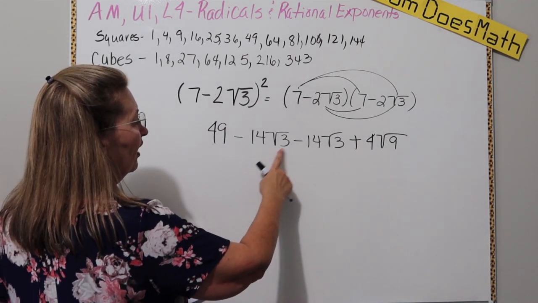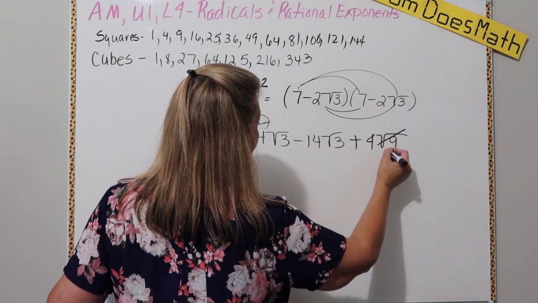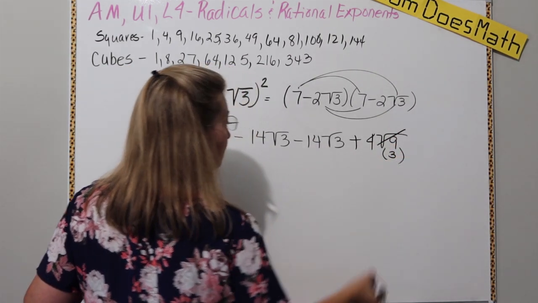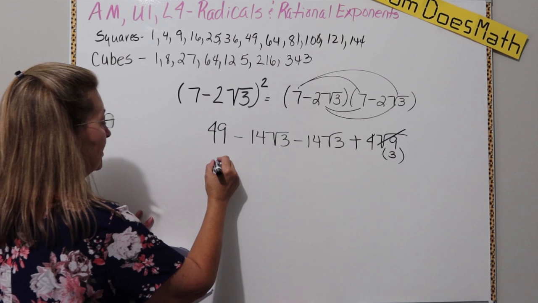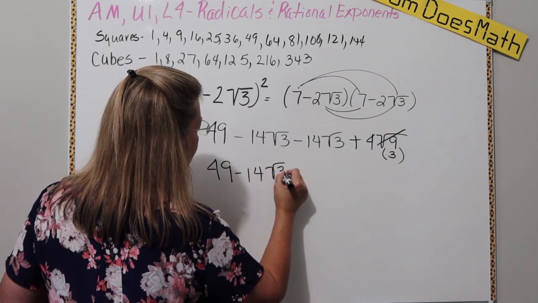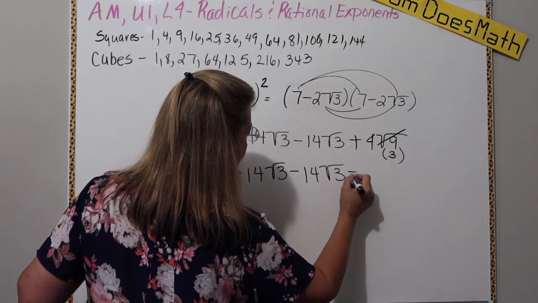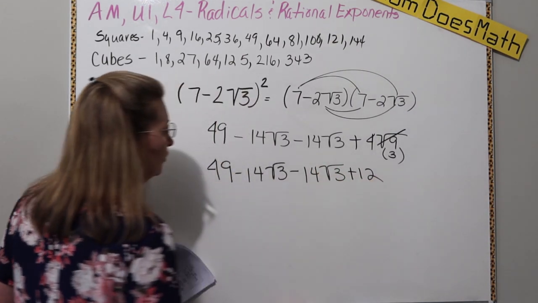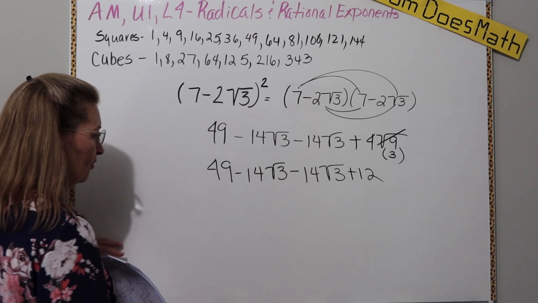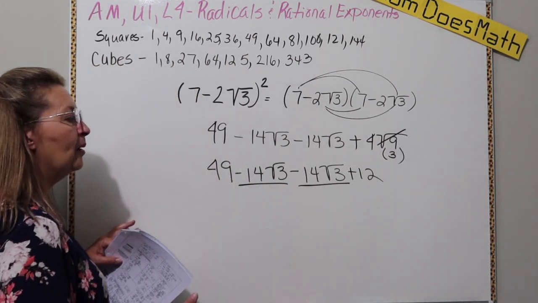This one is simplified, this one is lowest terms, but this one can be converted to a 3. So now if I want to simplify that part just a little before I continue on, 4 times 3 will give me 12. Now, these two have matching radicals, so I can combine them.